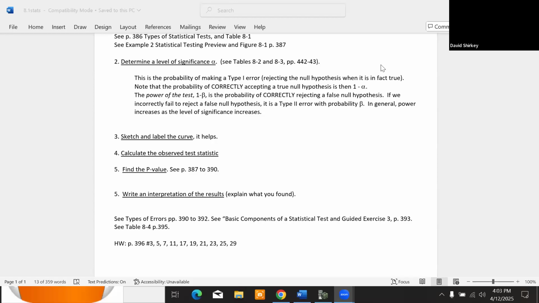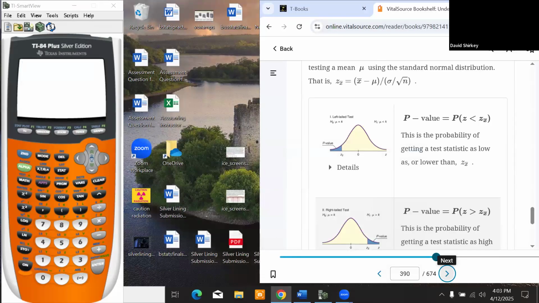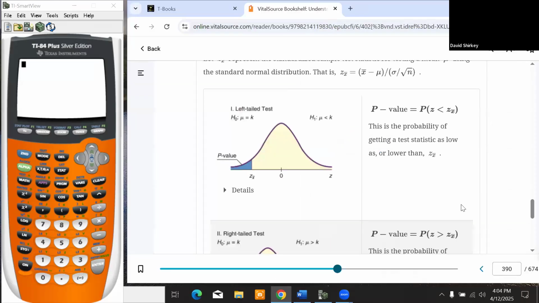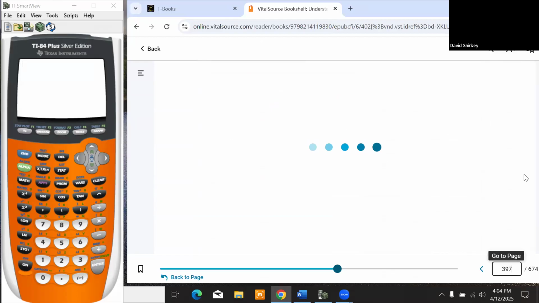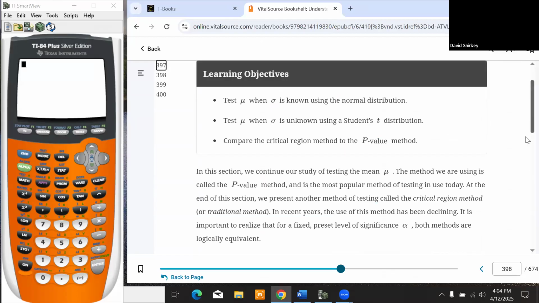All right. So let me minimize this and get this a little bit bigger here. And let's see, I think what I'm looking for, let's take a look. Oops. I hope this is the right page. 397.